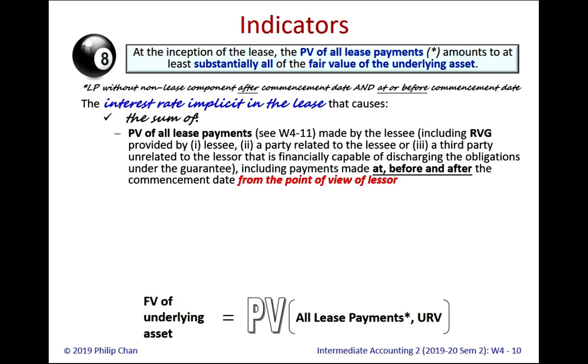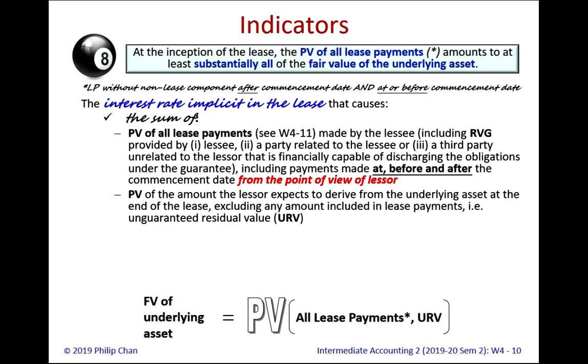However, when the lessor wants to determine the implicit interest rate, they use the RVG provided by the lessee per contract. No need to subtract the residual value to be determined by the lessee in the future. Plus the present value of the unguaranteed residual value, which we covered last week in week 3. Those are the residual values covered by no one, except that the lessor believes it can receive it by selling the asset. That has to be equal to the fair value of that asset.